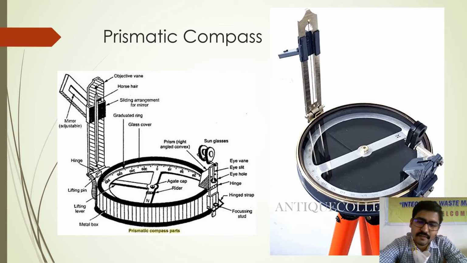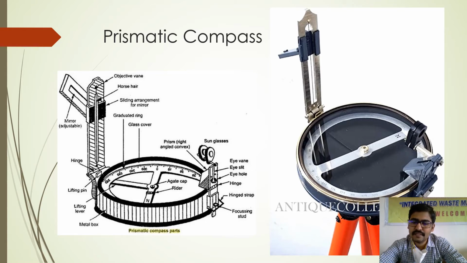On the opposite side of the prism you find the object vein, right? The object vein helps you to frame the line of sight. The line joining the object vein and the eye vein will definitely pass through the pivot, that is, the center of the magnetic needle. That forms a line of sight. The object vein has a large vertical central opening, and that central opening has a thread attached at the center.